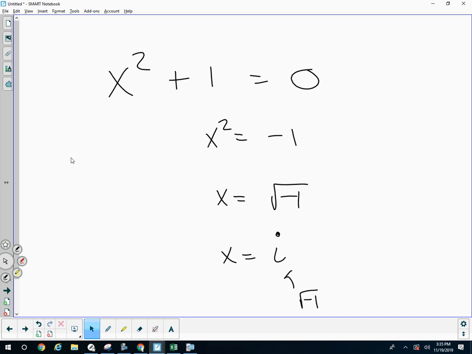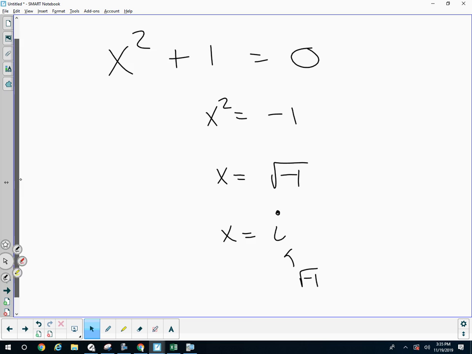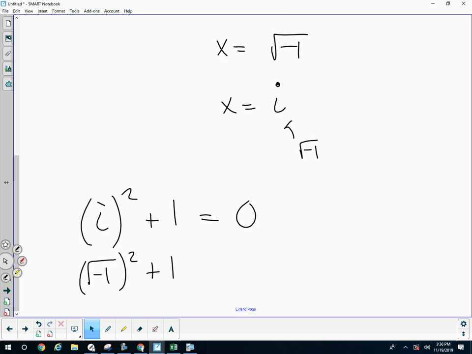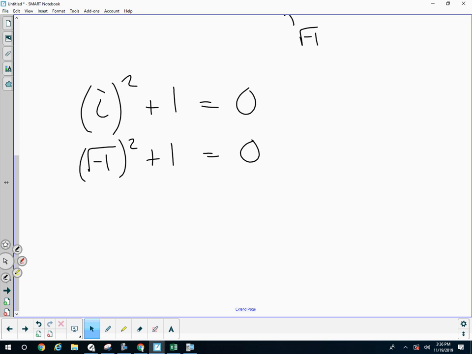And if I plugged in i into this original equation, it's going to work. If I plug in i and I square it and then I add 1, I'm going to get 0 because i is the square root of -1. And if i is squared, root -1 squared, what's that? -1, because the square root and the square will cancel each other out.